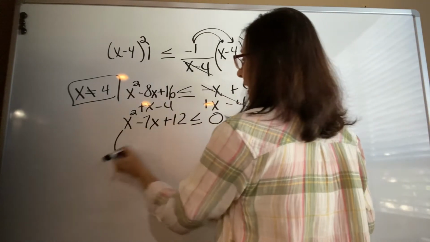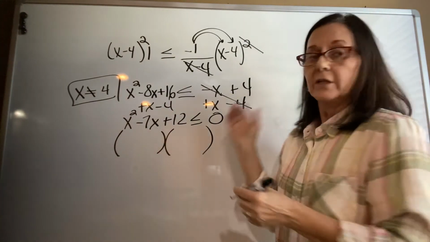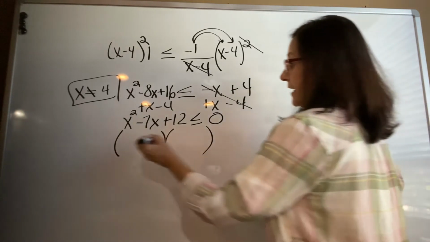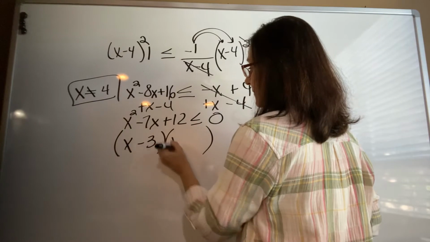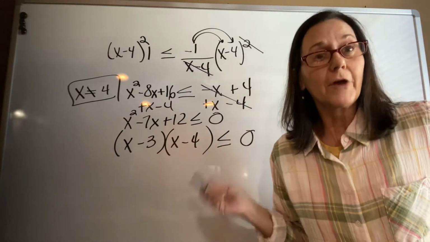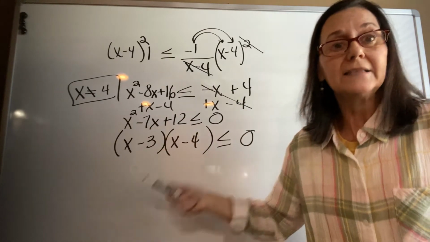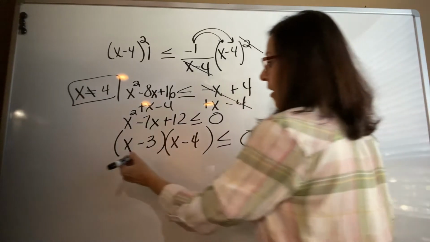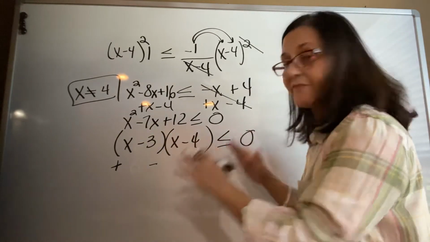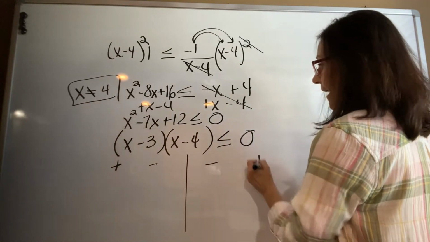We factor the quadratic, and so we look at factors of positive 12 such that we add them and they equal negative 7. So it's x minus 3 times x minus 4 less than or equal to 0. In order for those to be less than, remember we have to have plus and minus or minus and plus. The factors must be plus, minus, because we have to have a negative value for it to be less than 0, or negative and positive.